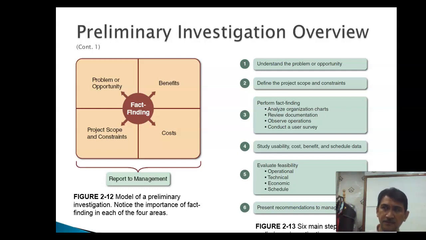You have to prepare the table. What are the activities that will be involved? 5.1, what is it? 5.2, 5.3. So we will cover that in the next video. And finally, when you have all this data, you can prepare the feasibility study.